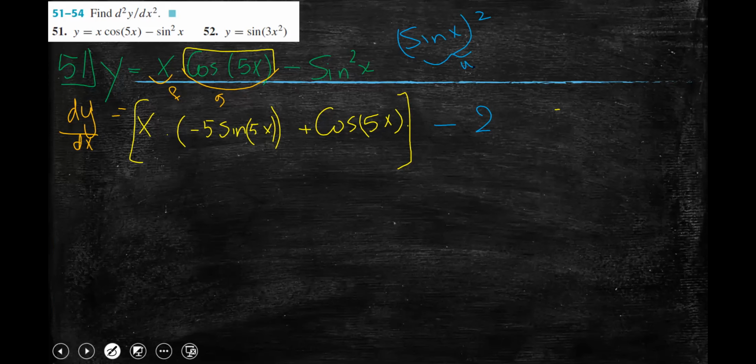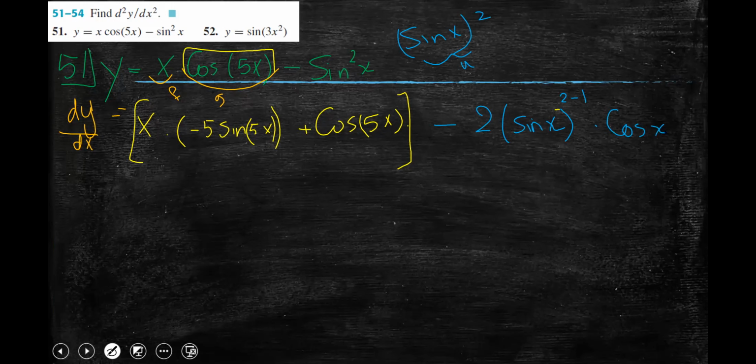So you will say 2u raised to the power 2 minus 1. And then I will write u as sine x. Then times the derivative of the inside. What is the derivative of sine now? Cosine x. Thank you.